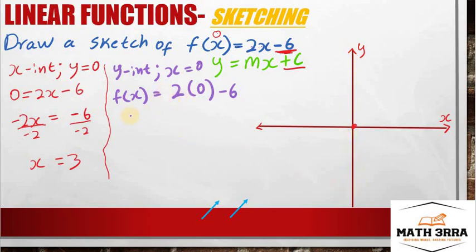Now in the next step, we remember that f of x is the same as y. So I can just change the f of x to a y, to say 2 times 0, that's 0, minus 6. So y is equal to minus 6. So at this point, what do I have? I've got my y-intercept, I've got my x-intercept.